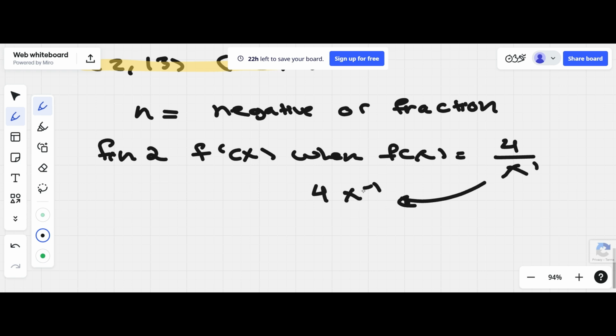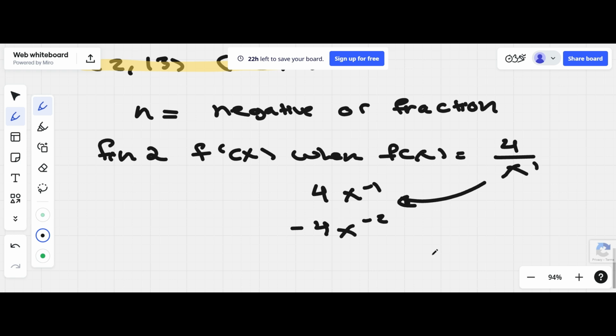Now, here we do not have a problem. We can use the anx to the power of n minus 1 rule here. So let's apply that. Negative 1 times 4 is negative 4, and then x, and then the n minus 1 is negative 2. Be careful here. Minus 1 is 2. It's not 0. We're not adding 1, we're subtracting 1.